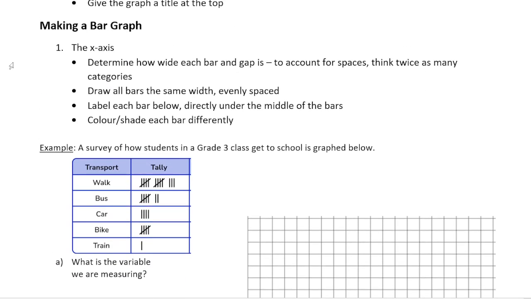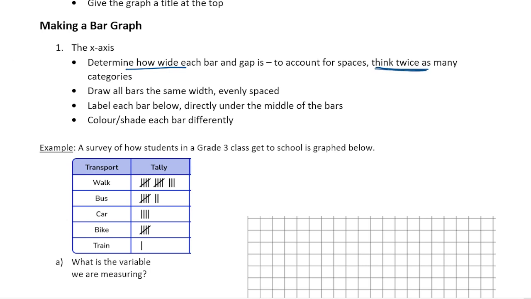So let's start with a bar graph, because bar graphs are simpler. We need to figure out how wide to make the bars and how much we can space them out. We're going to need a bar for each category, and a space between each category.